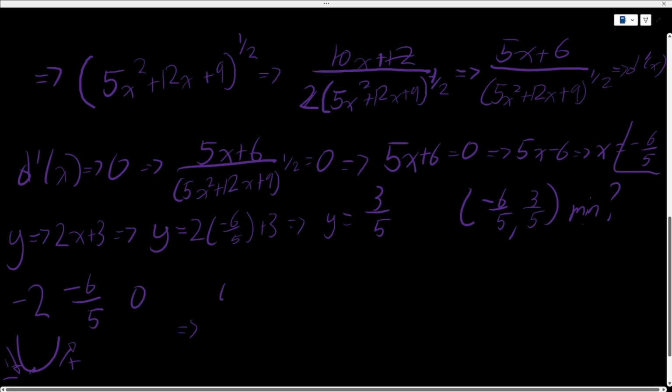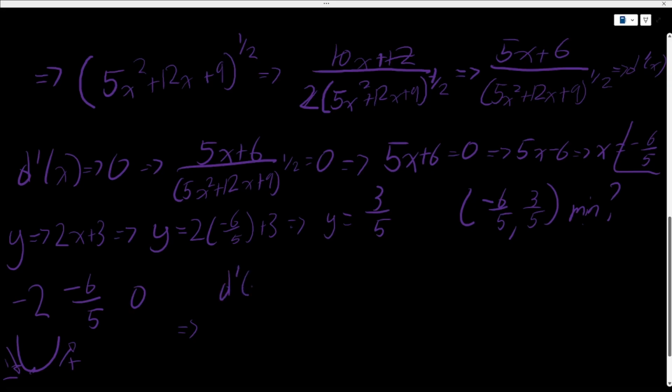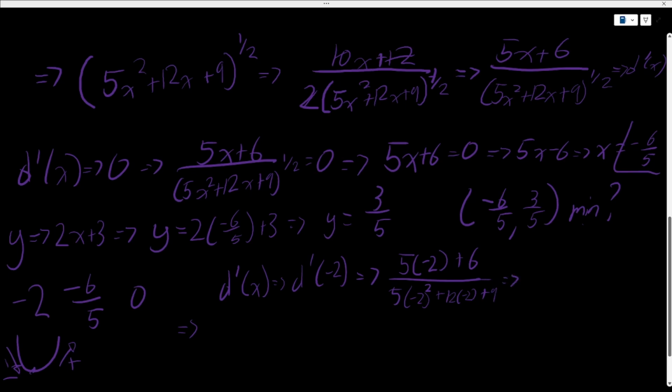So we'll take our d prime of x, and let's do d prime of negative 2. So we'll have 5 times negative 2 plus 6 all over (5 times negative 2 squared plus 12 times negative 2 plus 9) all to the 1/2 power.